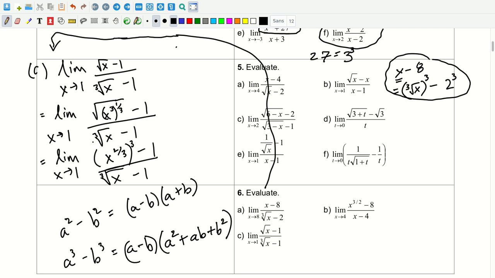I guess it's not coming to me right now. I could try conjugation, but I don't think that would help much because I can't pull out anything to cancel out of the bottom, right?